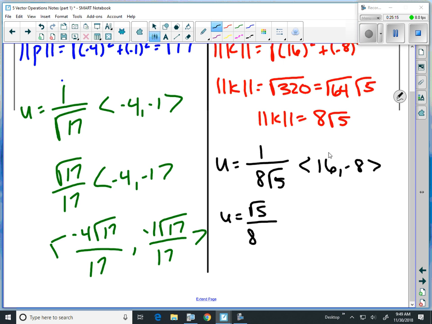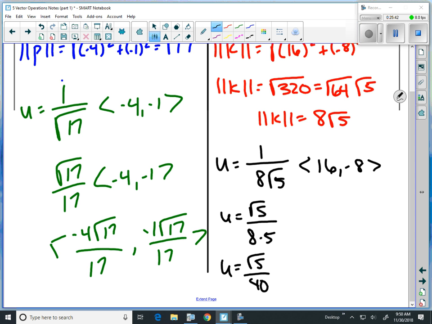Now, the 8's there, but what did I do here that I haven't done yet? Yeah, you have to leave the number in the denominator. So we took the radical, moved it upstairs, but we also have to put that 5 downstairs. So you're going to have to multiply that 8 and that 5 together. When we multiply the 8 and the 5, what do I get? 40.